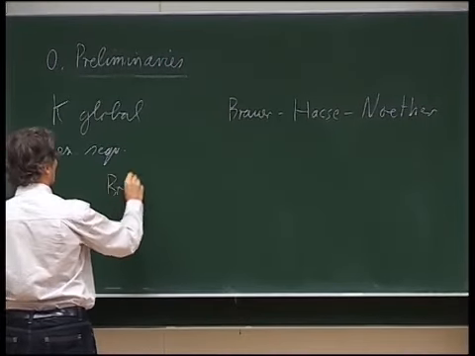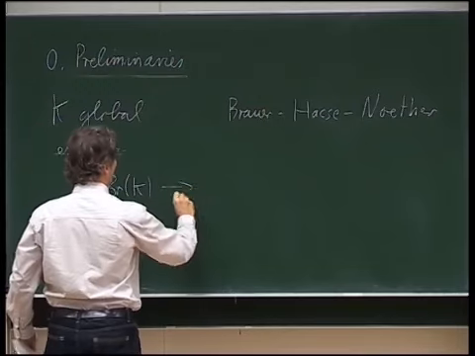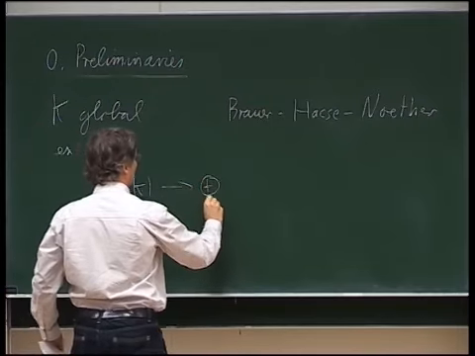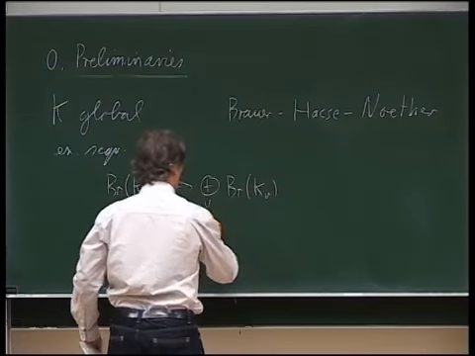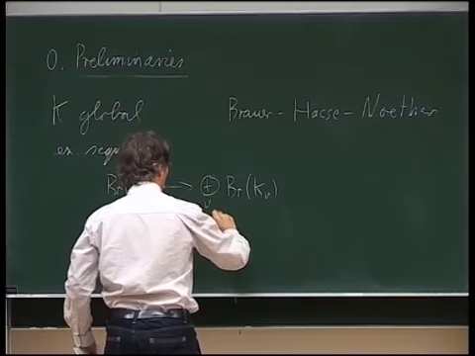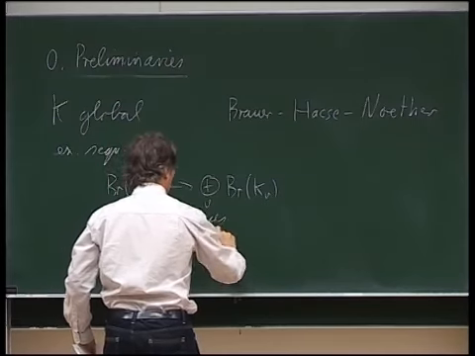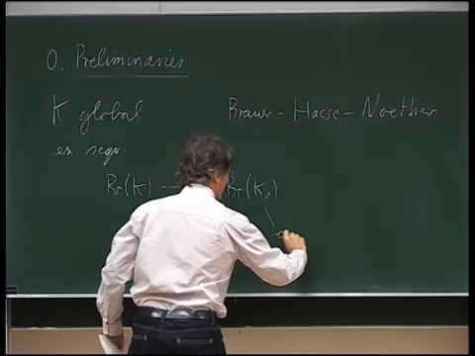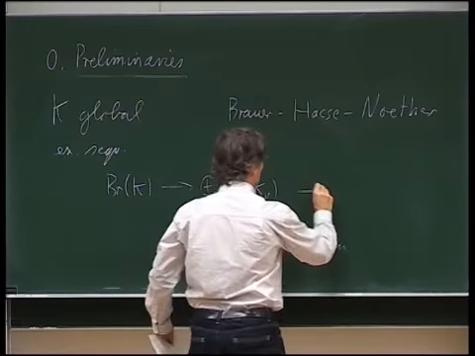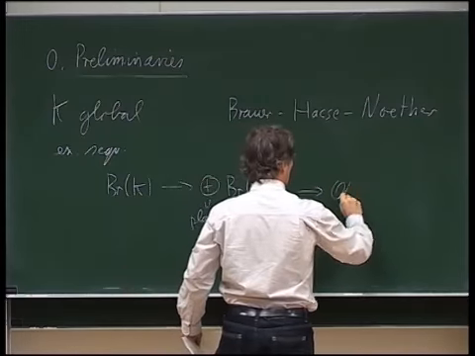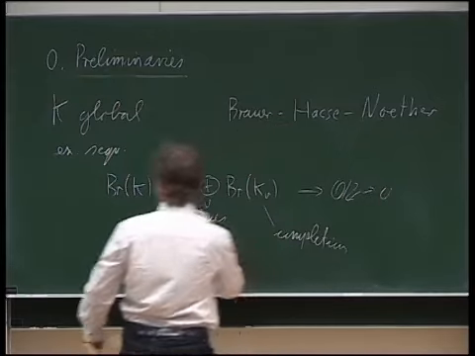So we have the Brouwer group of K, and then you map to the Brouwer groups of all local fields. So these are the places of K, and these are the completions. And then you get an exact sequence as follows. So this is injective.